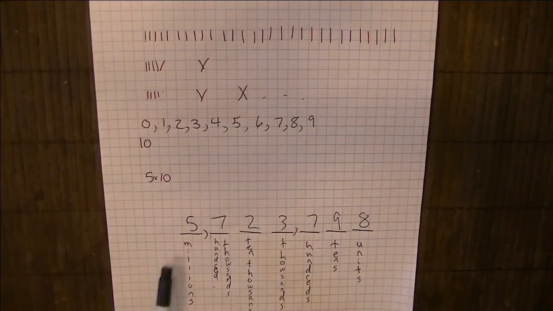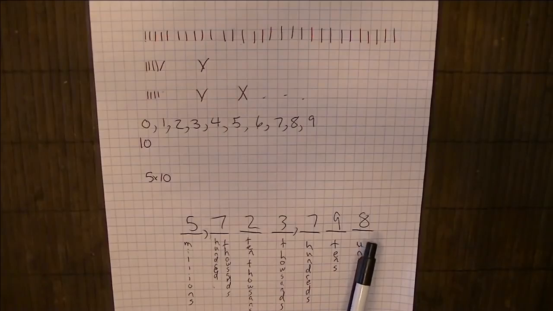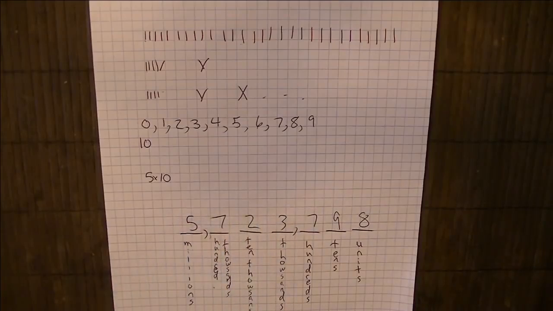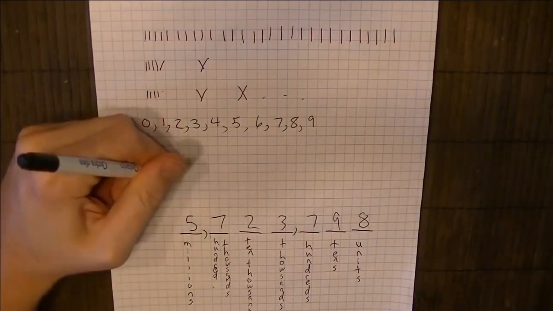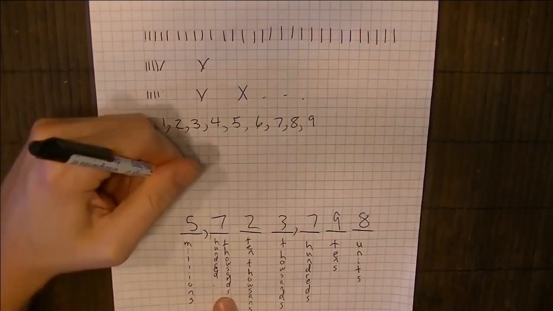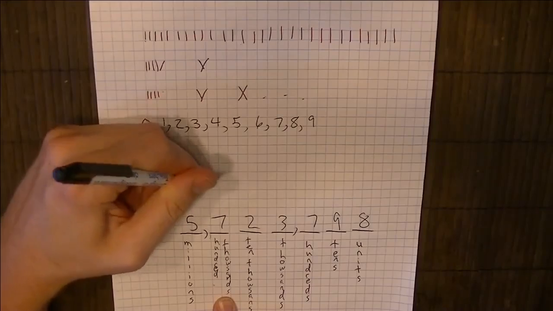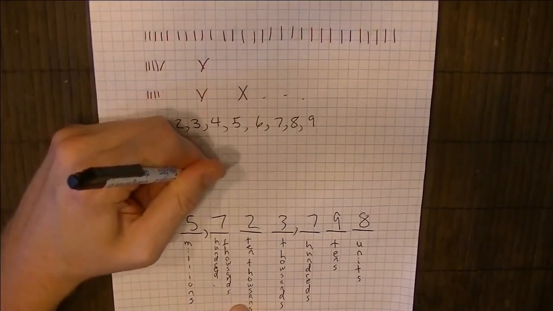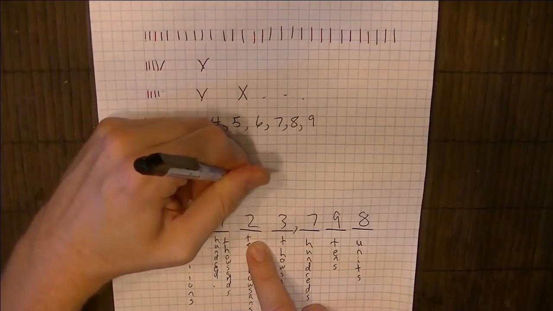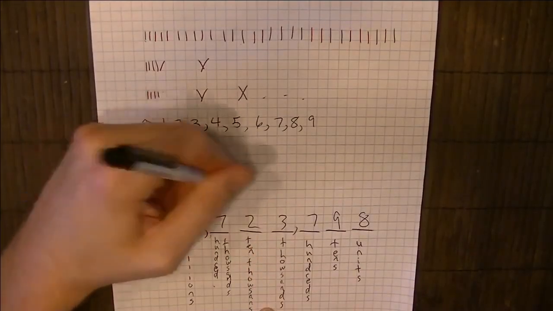This is millions, so this is 10 to the power of 1, 2, 3, 4, 5, 6. So this 5 millions is 10 to the power of 6. And then we have 7 times 10 to the 5. And we have 2 times 10 to the 4, the ten thousands.